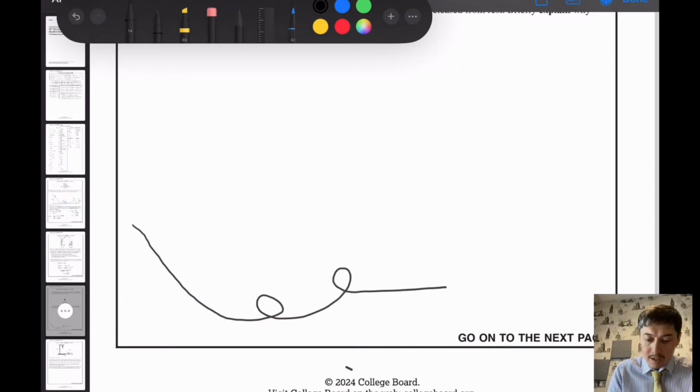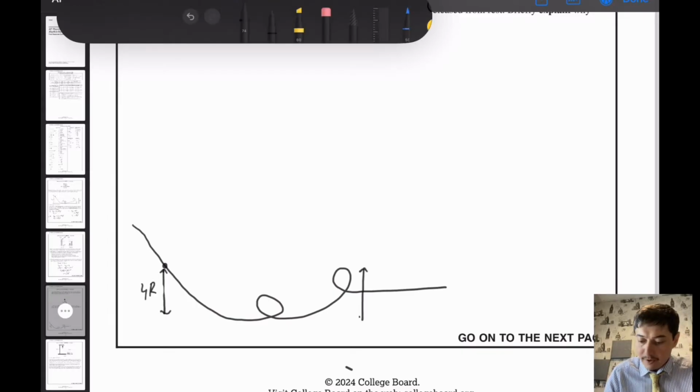Something like this, right? So if you are going to release from 4r and the final point at point C, this point C, it's also 4r from the ground.